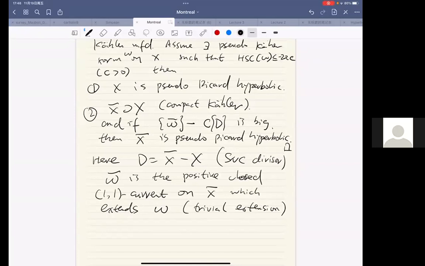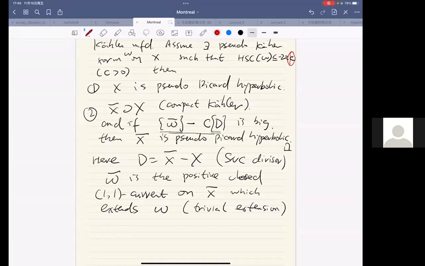The theorem says that for such a Skoda extension current, the cohomology class H^{1,1} of it minus c times D, where D is also a (1,1) class in X bar, and c is the constant of the holomorphic sectional curvature: if the difference is big, then not only X is pseudo-Picard hyperbolic, any of its compact Kähler compactifications is also pseudo-Picard hyperbolic.